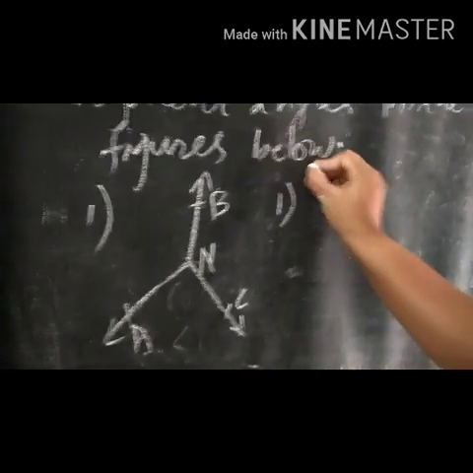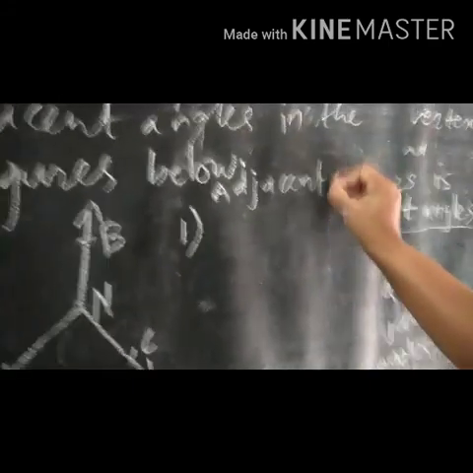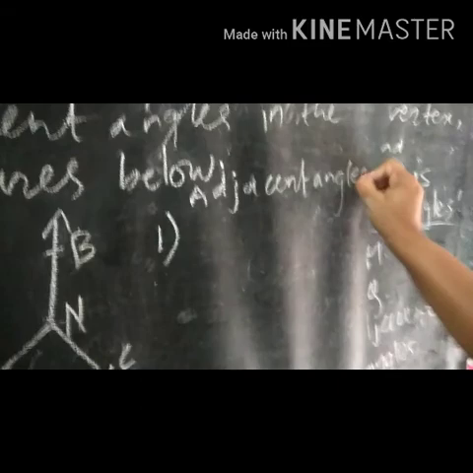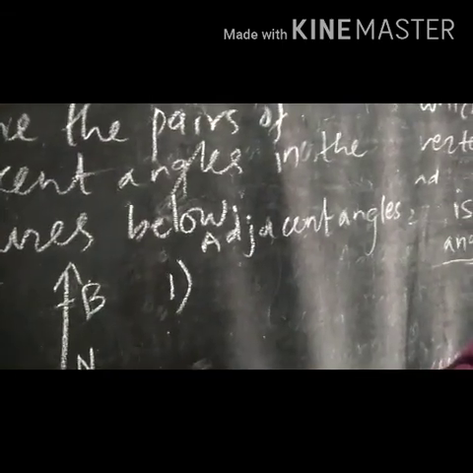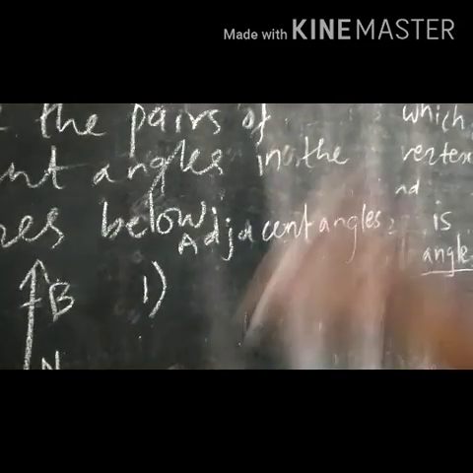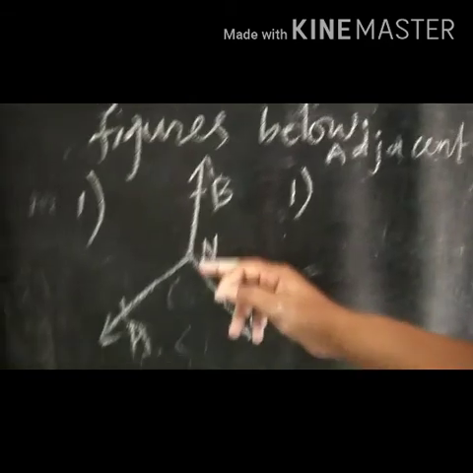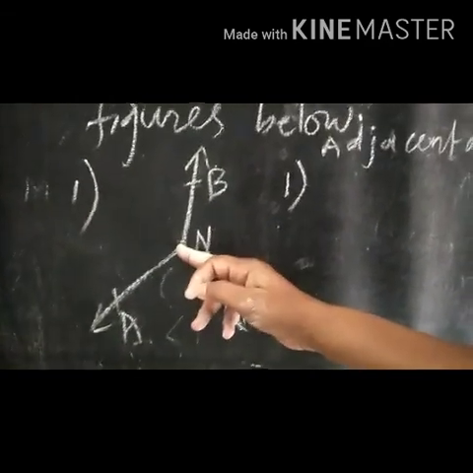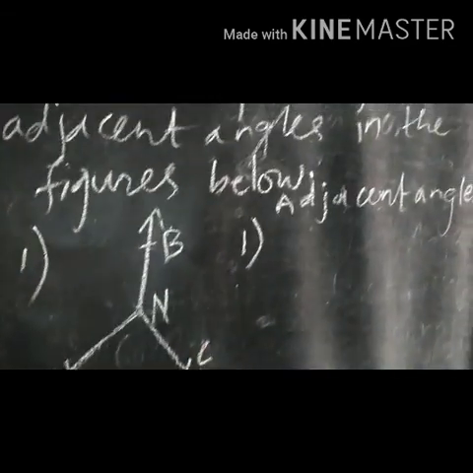So number 1. See angle ANC and ANB. Both the angles are having common arm, that is AN. AN is the common arm and N is the common vertex. And both the angles are having separate parts, separate interior parts.